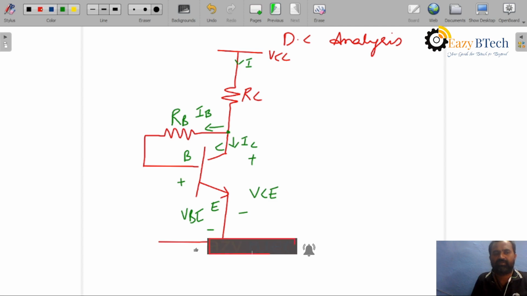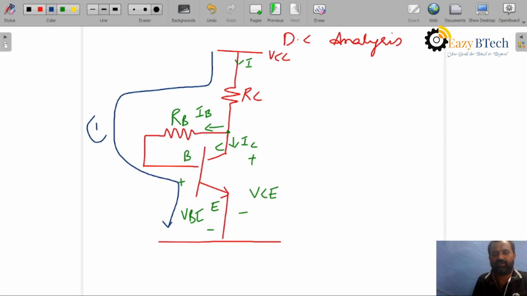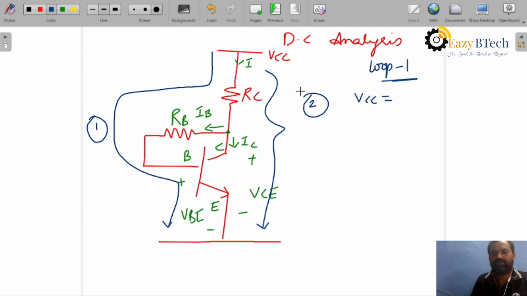Okay students, we will write the loop equation by applying KVL. There is loop 1 and loop 2. For loop 1 we will write VCC is equal to I into RC plus IB RB plus the base to emitter voltage VBE.